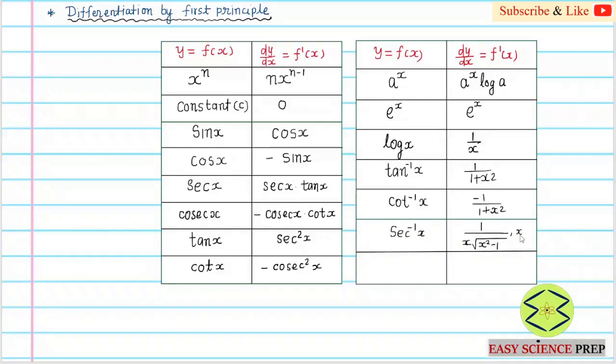Here the value of mod x must be more than 1. Similarly, for cosec inverse of x, you will only get a negative sign, the remaining would be the same, so minus 1 over x root of x square minus 1. Here also the mod of x has to be more than 1, because if it is less than 1, the denominator will become indeterminate. The square root of a negative does not exist. So it should be more than 1.